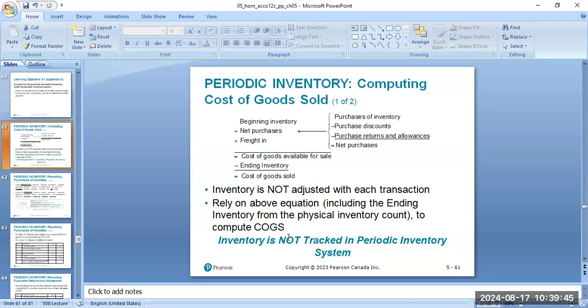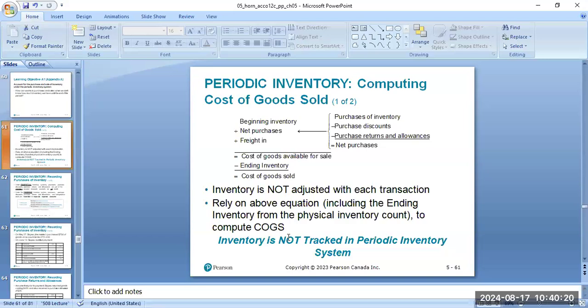At the end of the period, once we do the inventory count, we're going to see how much our ending inventory is. And once we deduct the ending inventory from the cost of goods available for sale, we're going to get the cost of goods sold. And that's how it's going to be. Now, inventory in the periodic system is not adjusted after each transaction.